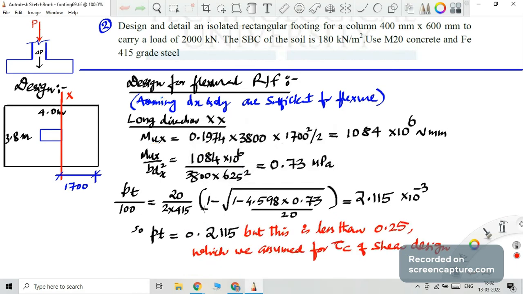We are satisfied, but the issue here is PT. Our assumption was for calculating tau C in one-way shear, the shear design. Our tau C was 0.36, by assuming 0.25 as PT.